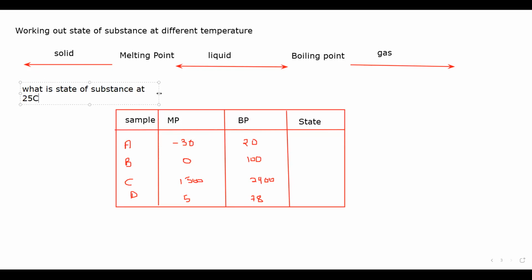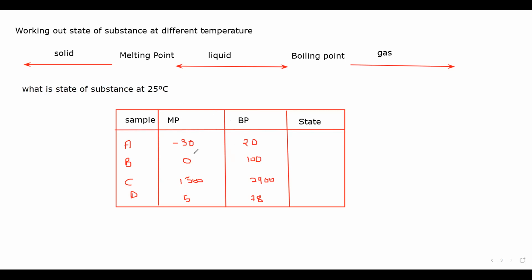So we want to find the state of the substance at 25 degrees centigrade. So how can we work out the state at 25? We have to first check where the 25 comes in this range.